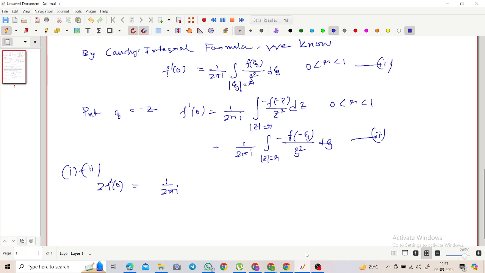Adding them we get integration of f(xi) minus f(minus xi) by xi square, mod xi equals to r, d xi. Okay, this is what we get.